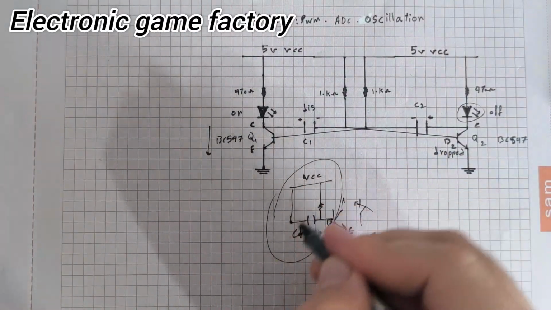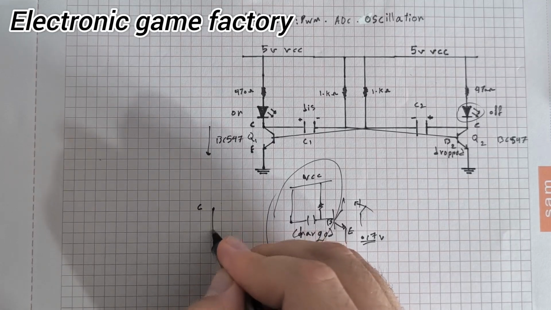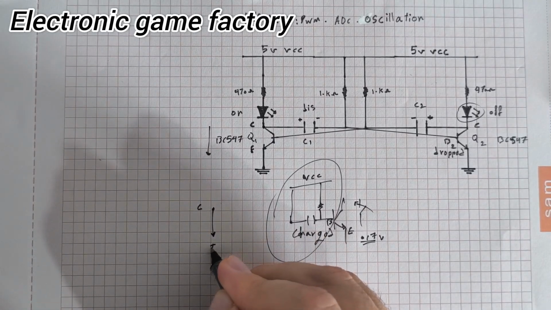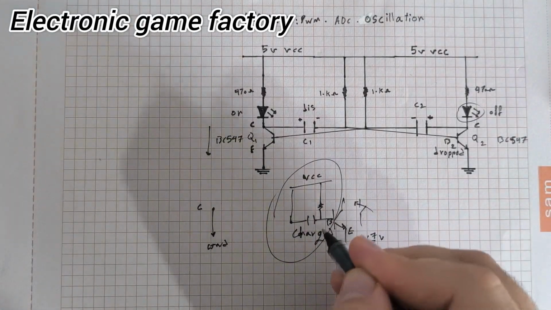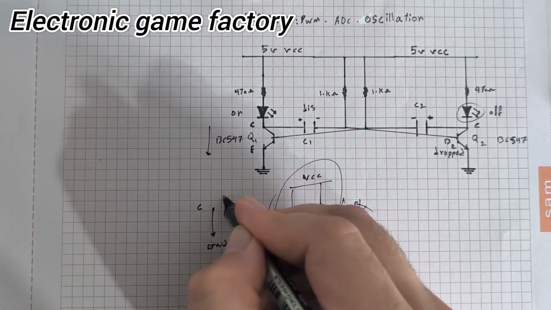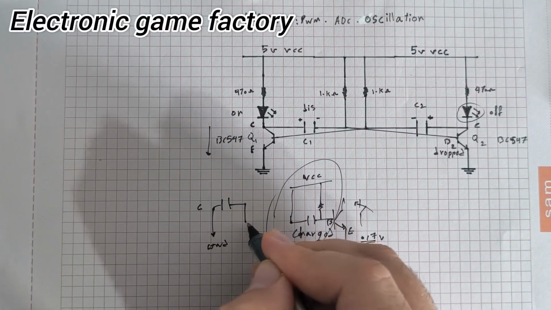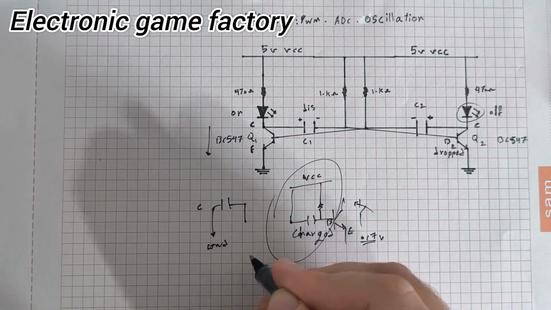So when we have a collector which will be connected to GND, seems like connecting the capacitor to the ground, so it will be discharged.